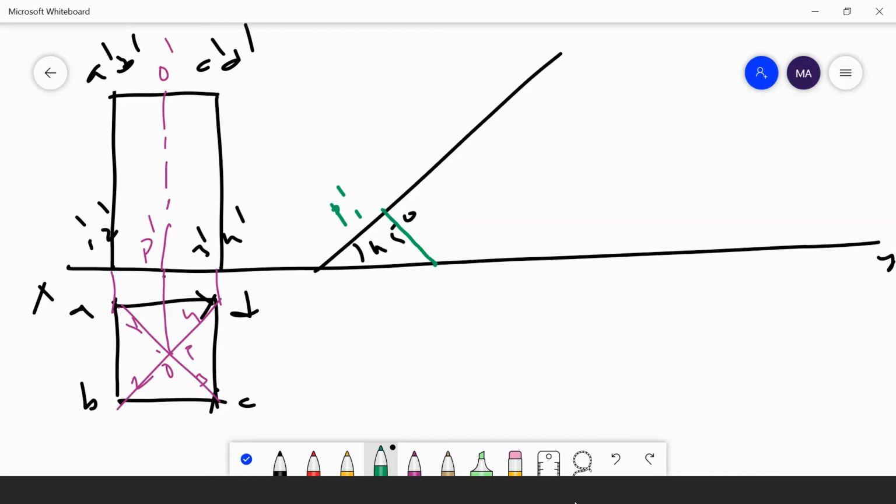Understand? The axis line, from here I will measure it and mark the distance here. It is 1 dash, 2 dash, and this one is 3 dash, 4 dash. Then I am measuring the distance. The total distance is 65 here. So I am cutting 65 and joining this one.